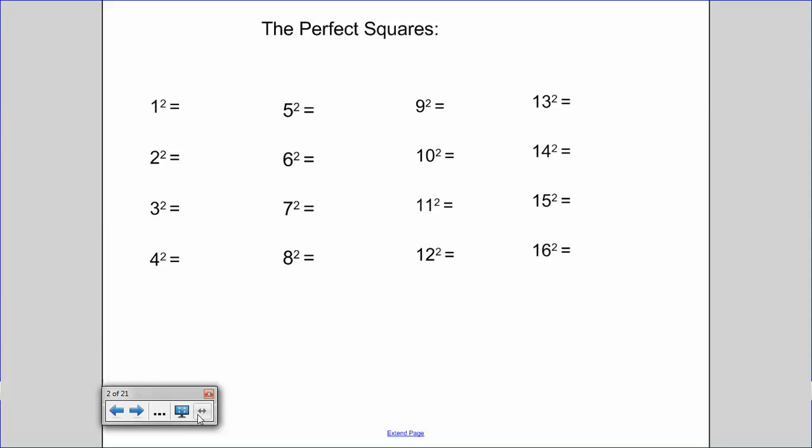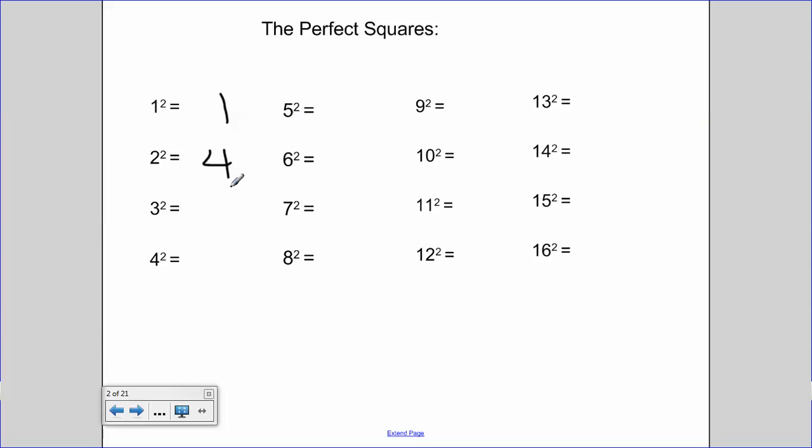So to help us get started, we're going to make a list of perfect squares. And I would list these into your notebook because it will be helpful to reference this as you're going through and simplifying these radicals. So let's just start. 1 squared is 1. So we would say the number 1 is a perfect square. 2 squared is 4.